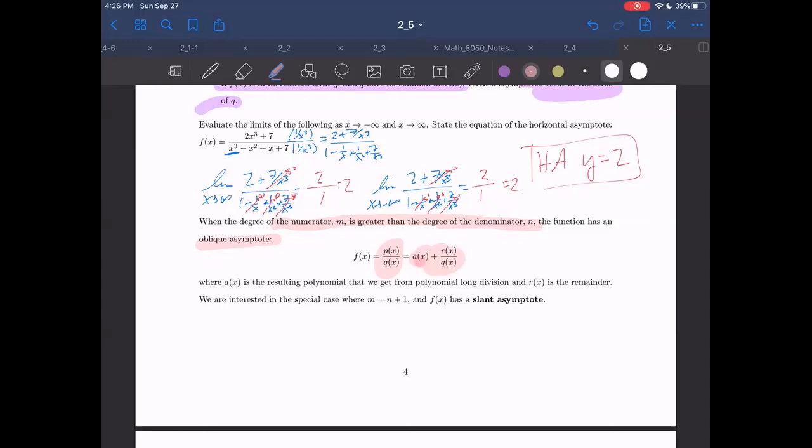If m is only 1 more than n, we call this our slant asymptote. So the slant asymptote is a special case of the oblique asymptote, but for this class, you'll only really be concerned with the slant asymptote.